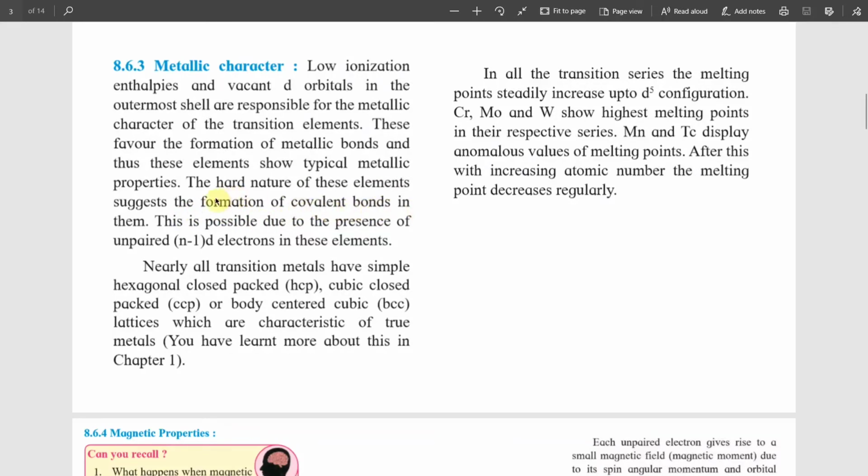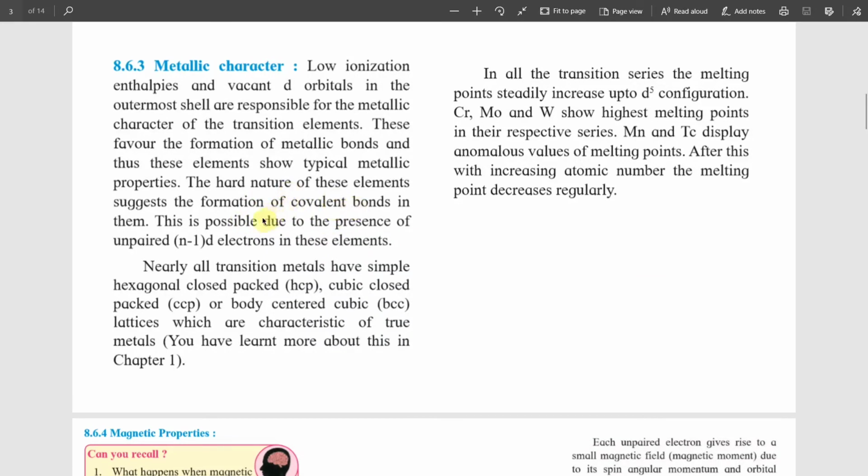These favor the formation of metallic bonds, and these elements show typical metallic properties, the hard nature, and they suggest formation of covalent bonds.